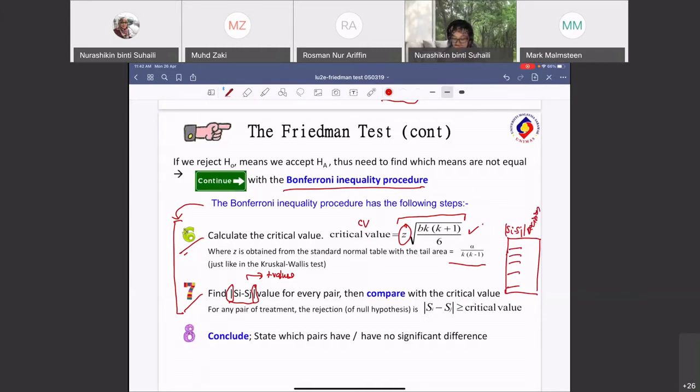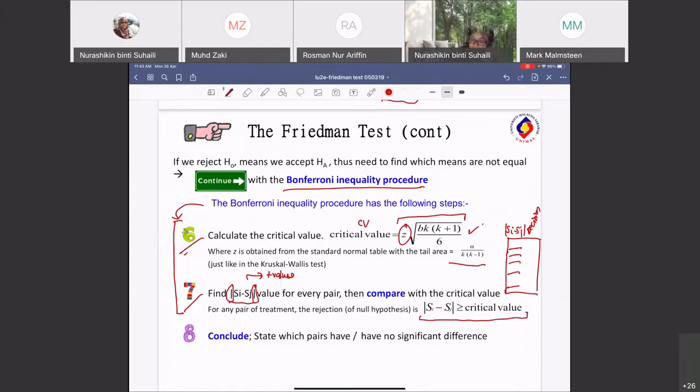So after you complete step 7, step 8 is to conclude which pairs have and which pairs do not have a significant difference. That's the decision. The decision rule is: if the absolute value of Si minus Sj is greater than the critical value, then you reject the null hypothesis.